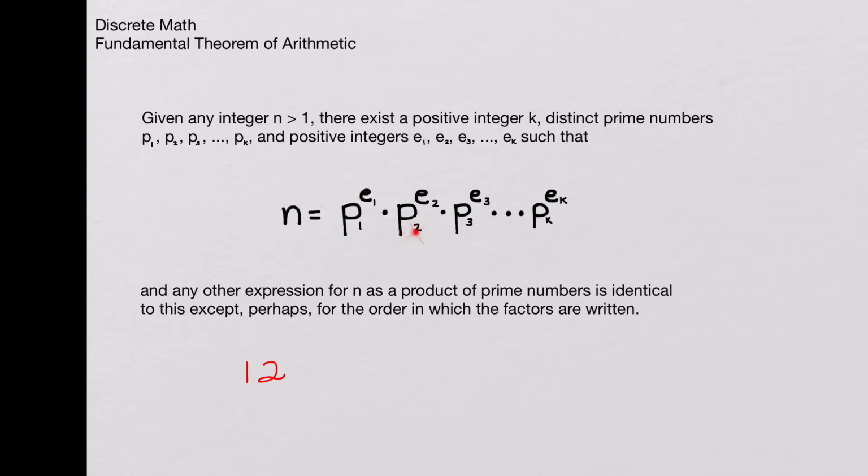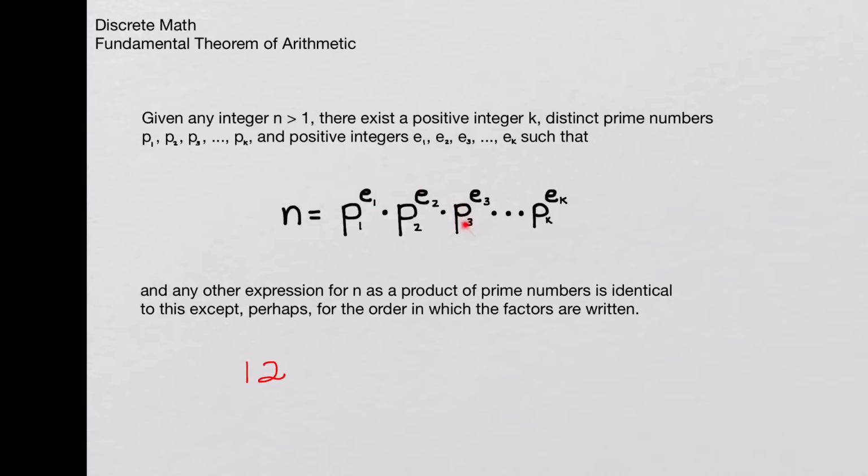Times another prime number. This prime number is different from this prime number. But could this exponent be equal to this exponent? Sure. This exponent could be 1 even. And we know that 1 is not a prime number, so our p's can't be 1, but the e numbers could be 1. So that could happen.